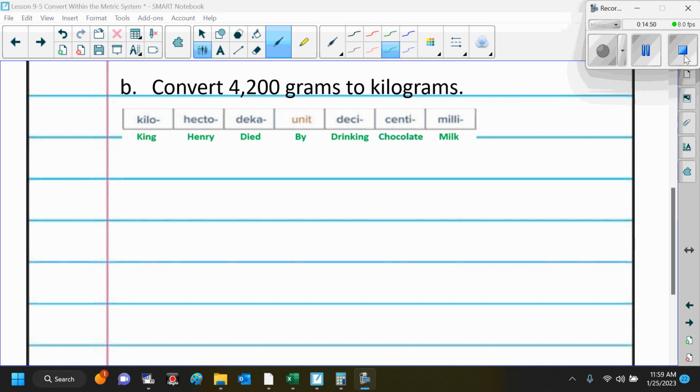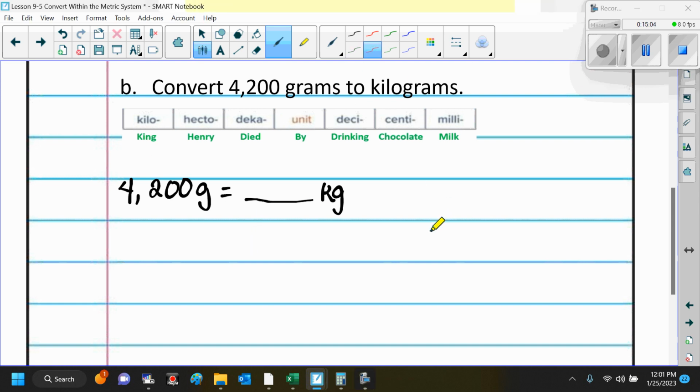We're going to convert 4,200 grams to kilograms. So I just rewrote that. Grams is the base unit, which is right here. And what do I want to get to? Kilograms, right over here.